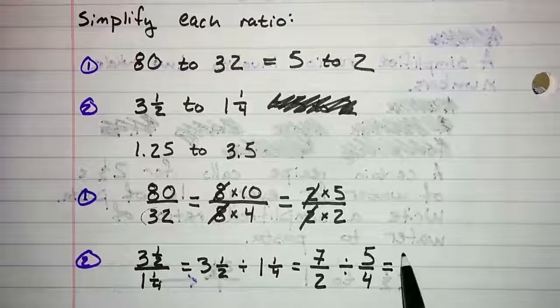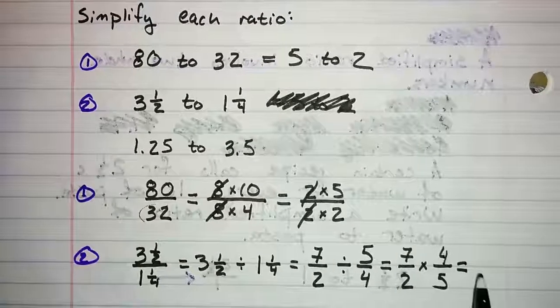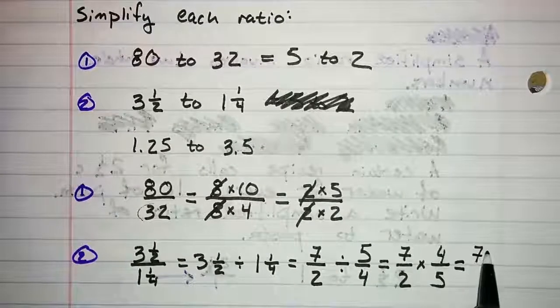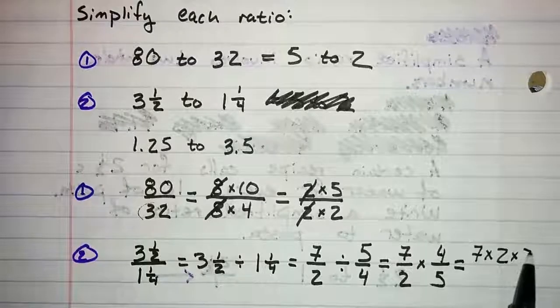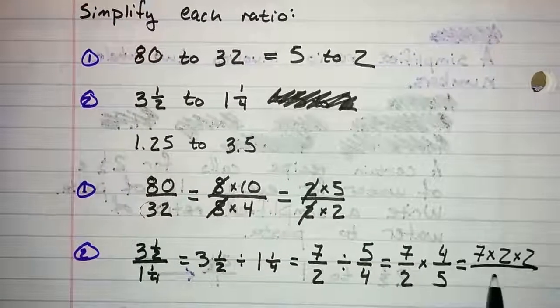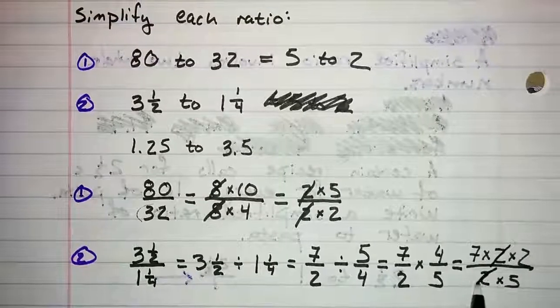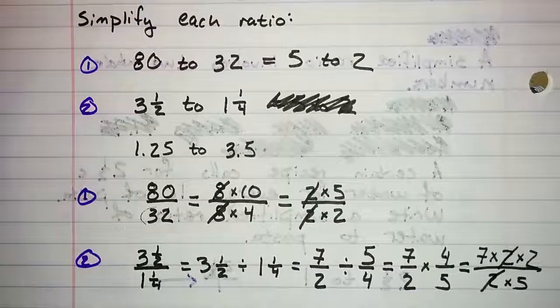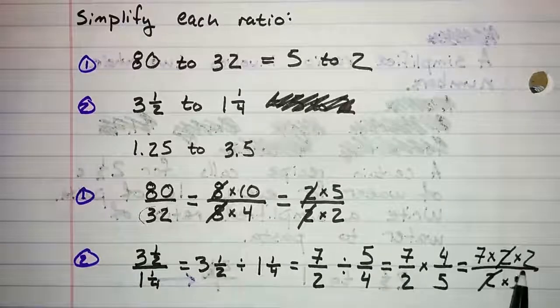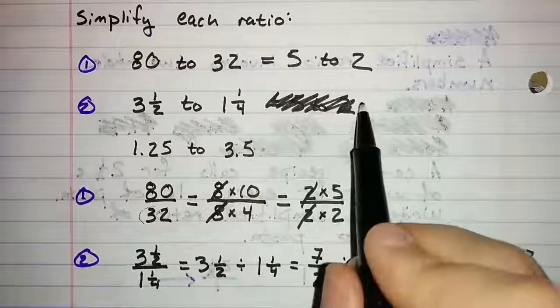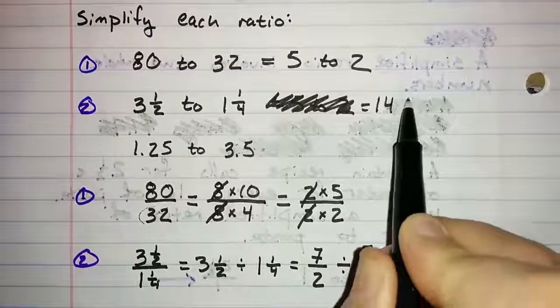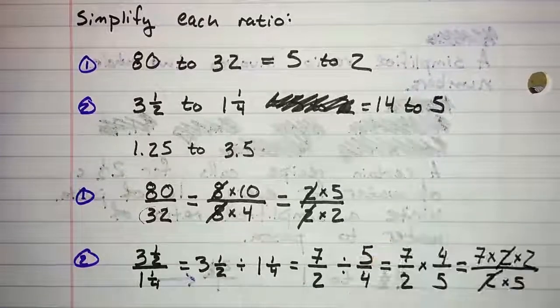Rewrite that as multiplication. And I think it's easy to see that we're going to have 7 times 2 times 2 over 2 times 5. Cancel out one of the 2's, and that's all we can do. So 7 times 2 is 14. We'll have 14 to 5.